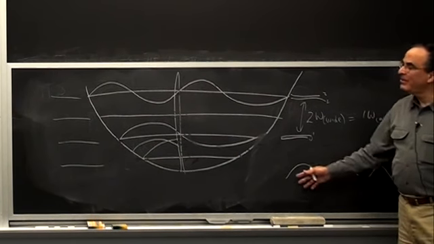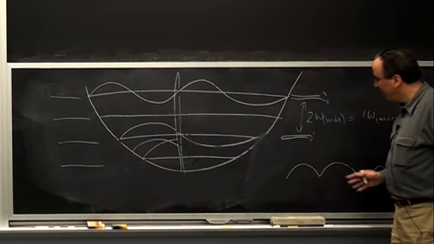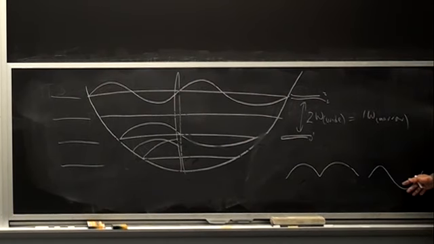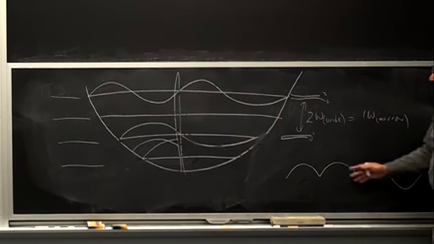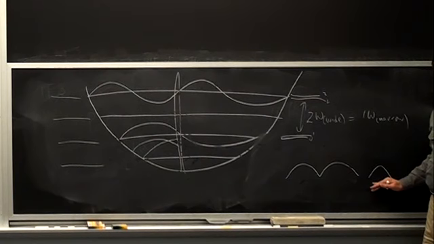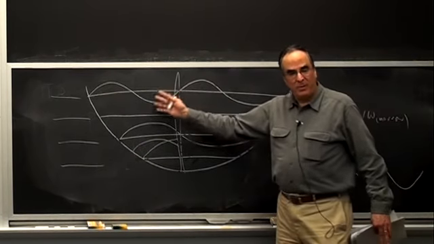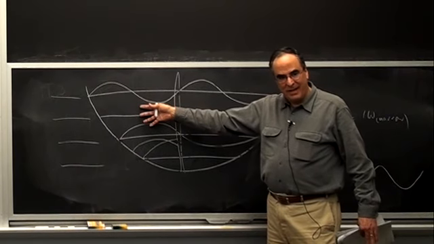The eigenstates have to respect the symmetry of the problem, and so the real states are these. But by taking sums and differences of these, you can have something on the left or something on the right. And that also says, well, if you have a big barrier, nobody knows that there's anybody on this side.